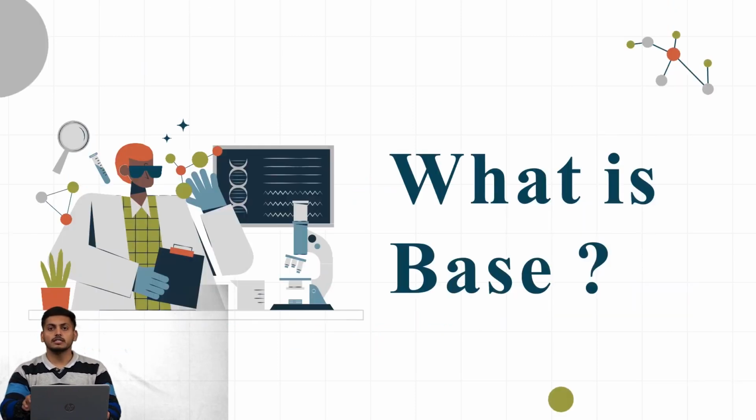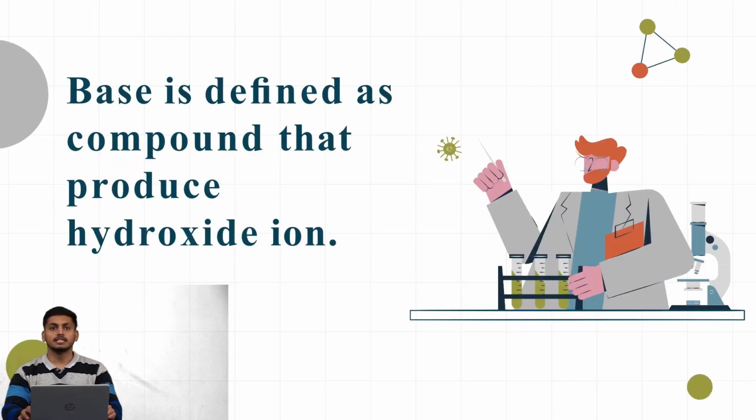So, when we hear the word base, the first thing that comes to our mind is, what is a base? Basically, a base is defined as a compound that produces hydroxide ions. Any chemical compound that produces hydroxide ion is called a base.